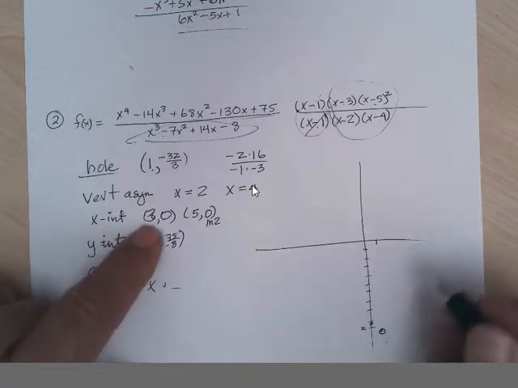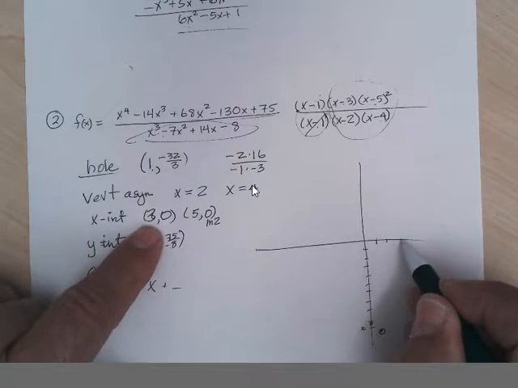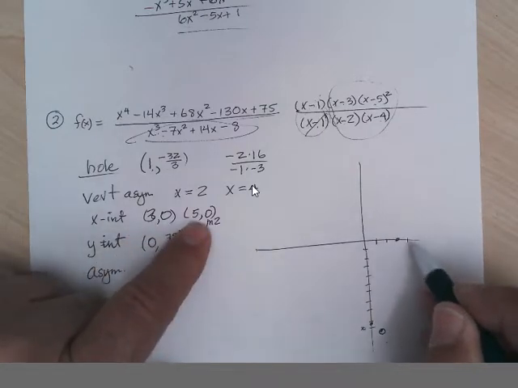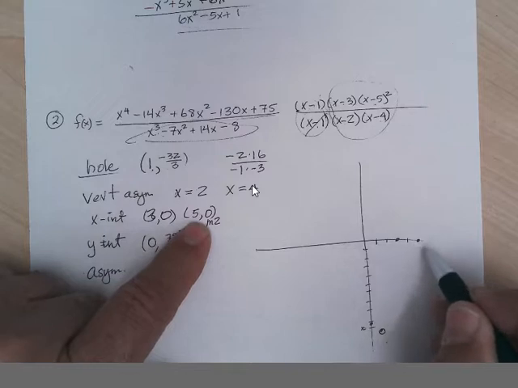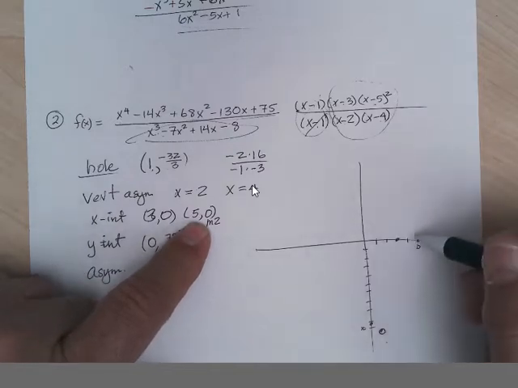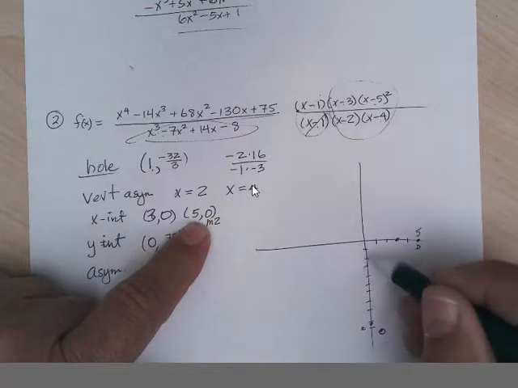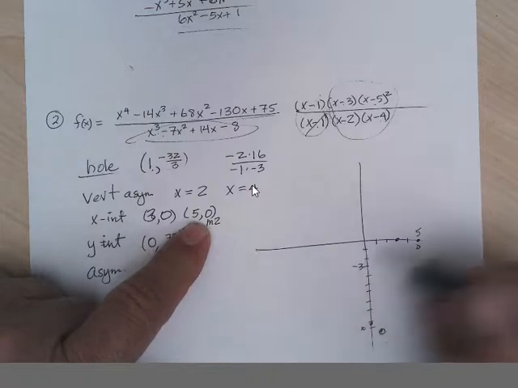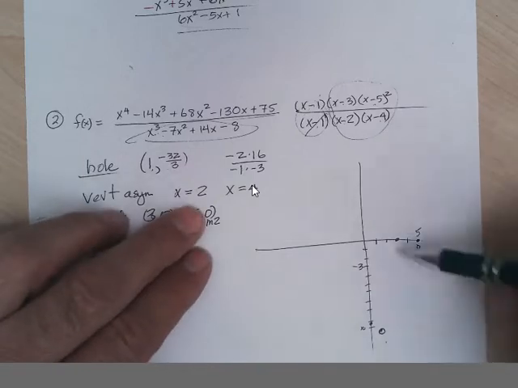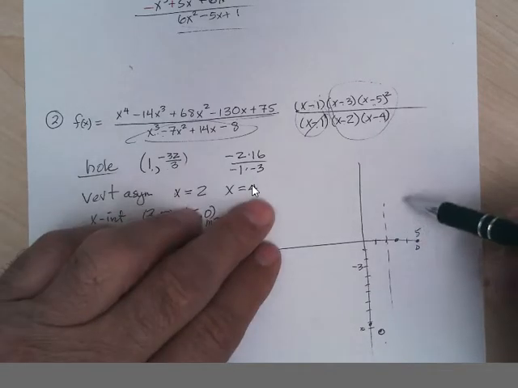Has an x-intercept at 3. Has a double intercept at 5. That's a double. And let's see, 1, 2, 3, 4, 5, and this is minus 3 to get some units. And we have a vertical asymptote at 2 and at 4.